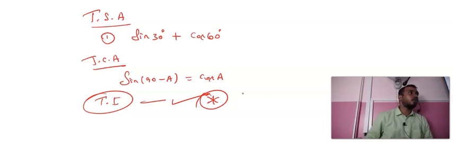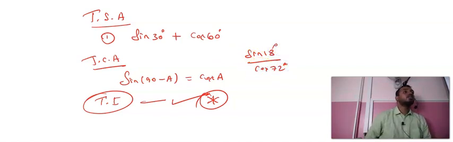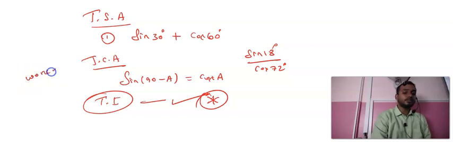Along with that, solve each and every question related to identities. Got it? And from complementary angles, you can expect a 1 mark question like this: find the value of sin 18 degree by cos 72 degree. Do you remember? From trigonometric complementary angles, try to practice work example problems as much as possible.